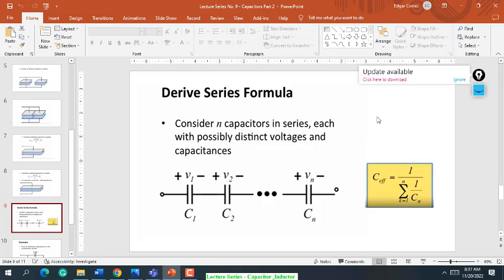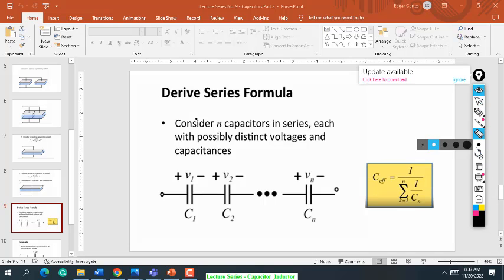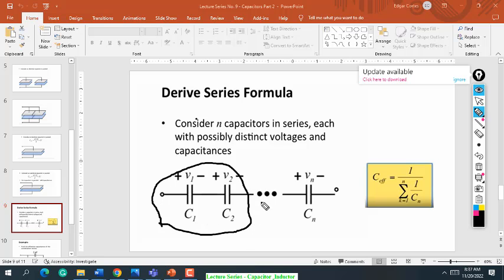So when we have capacitors connected in series, the formula for that is just like how we add resistors in parallel. So parallel.